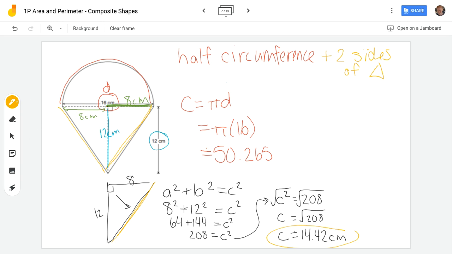Here is what we're looking for. So over here, total perimeter is half of the circumference.